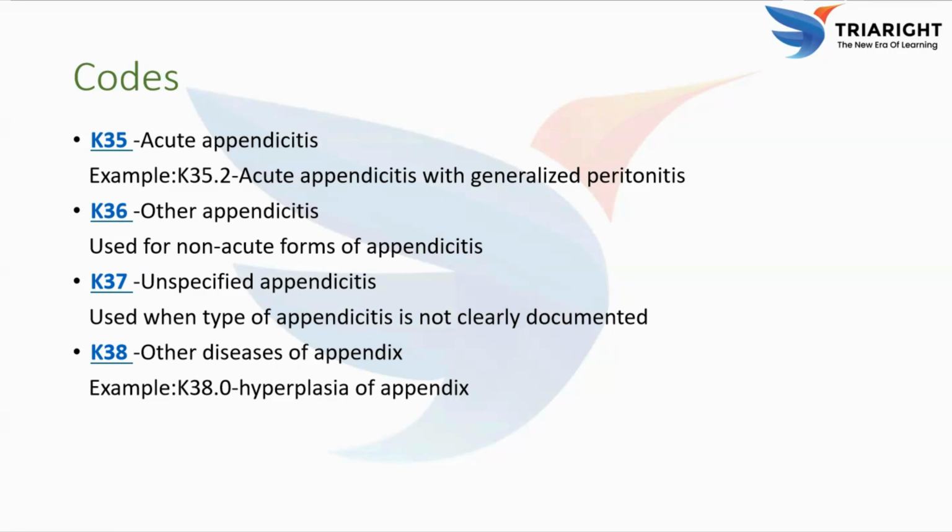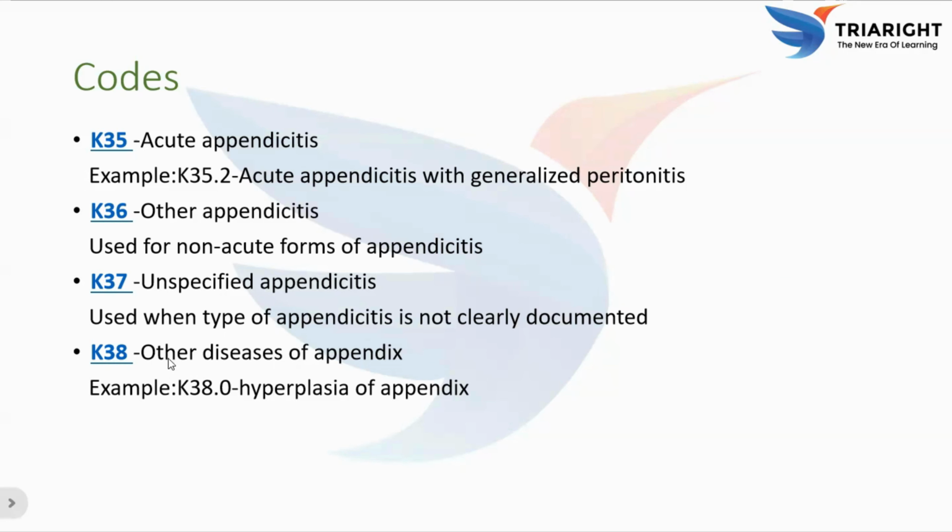For example, when the medical record only states appendicitis without more detail, give this K37 code. Always try to code a more specific type, K35 or K36, if possible. Only when K35 or K36 is not possible, you give this K37 code, whenever the documentation is not clearly given.